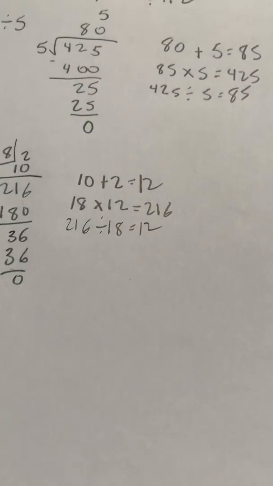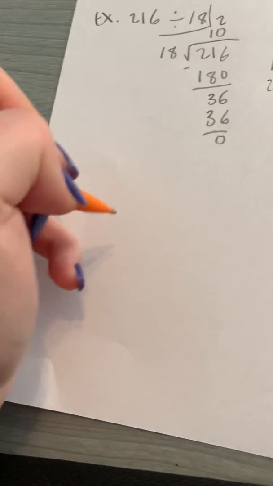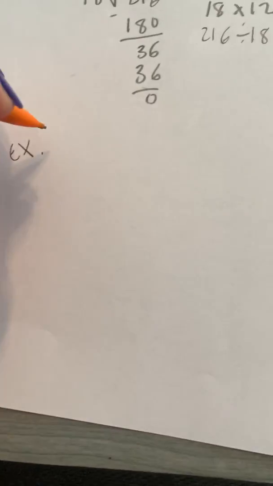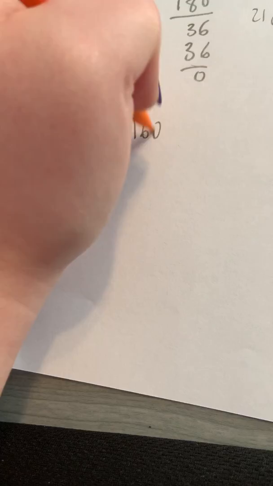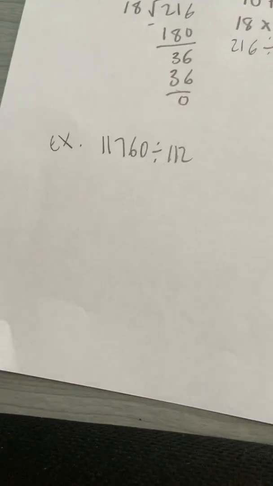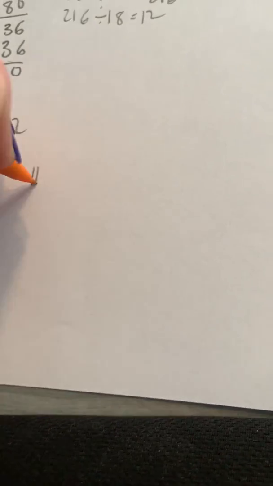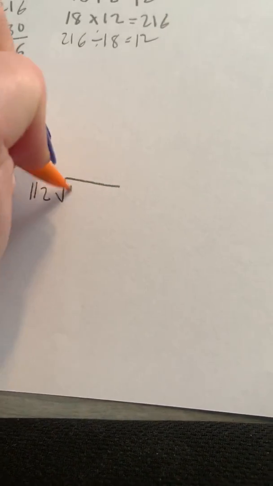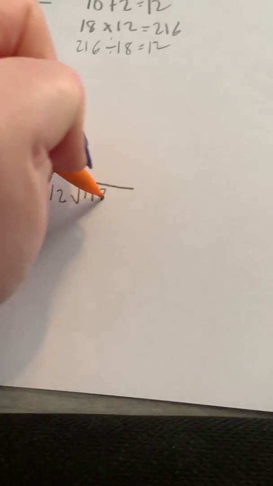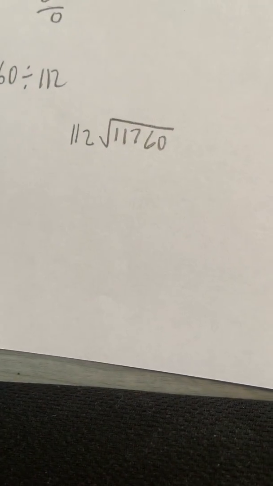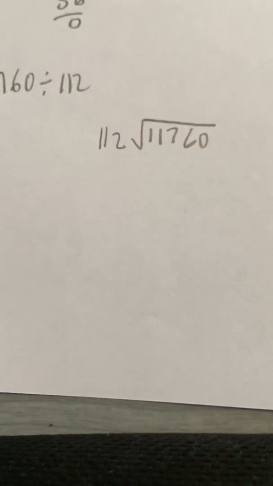All right. Now, lastly, we have a big one. I wanted to do a bigger number for this one since I did some smaller ones. We have 11,760 divided by 112. So what we're going to do here is see how many 112s can fit into this first.